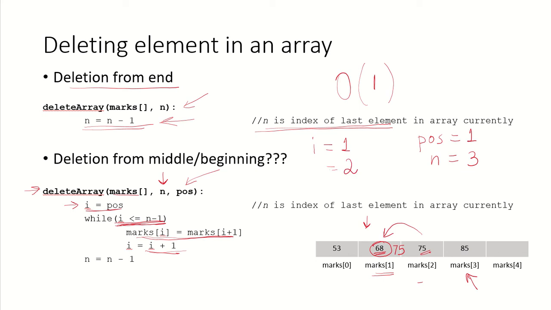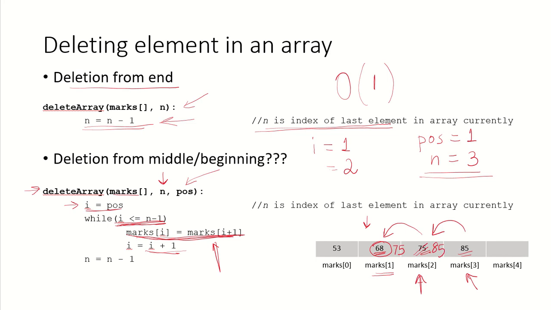Is i less than or equal to n minus 1? Yes, it is. So again I have to shift the next position element to the previous one. So marks[i], that means marks[2], will be equal to marks[3]. So this will now be overwritten by 85.